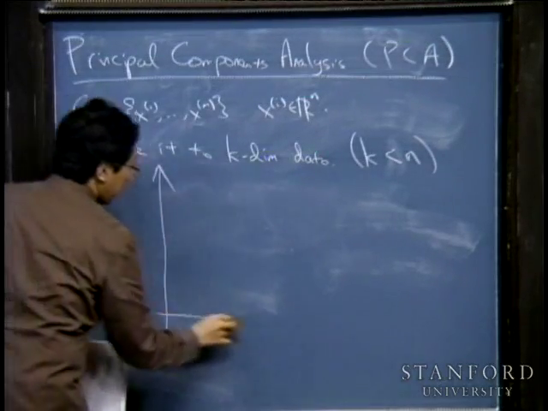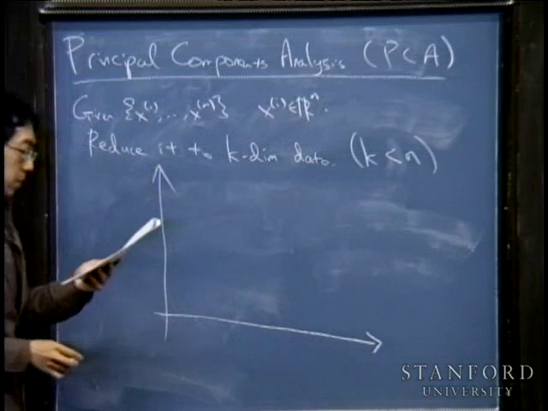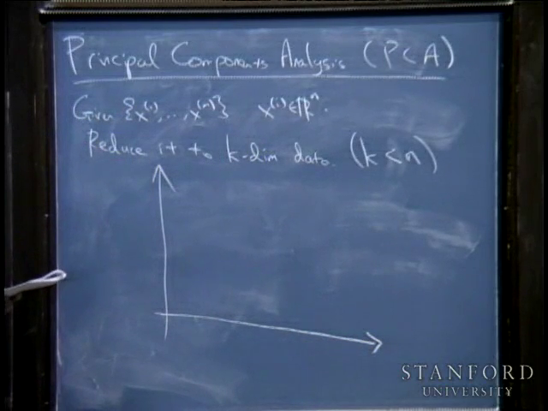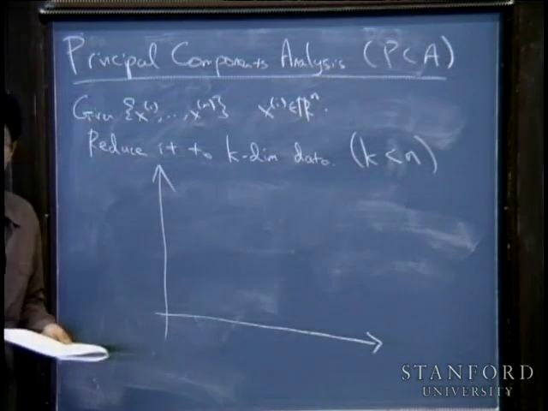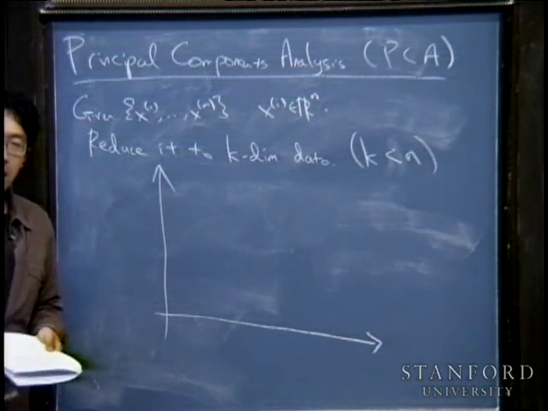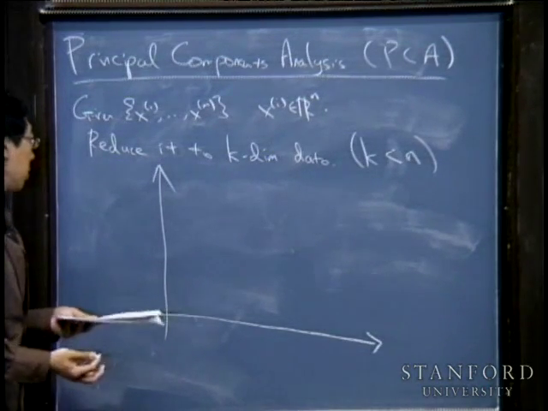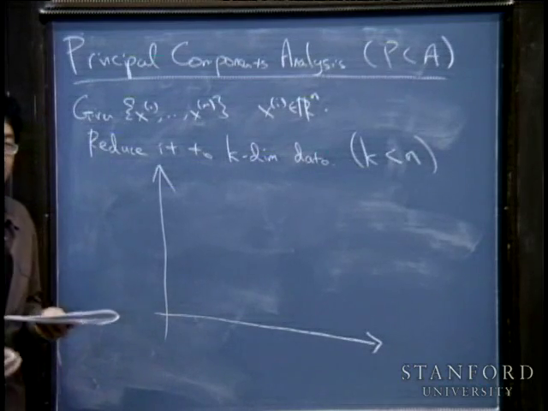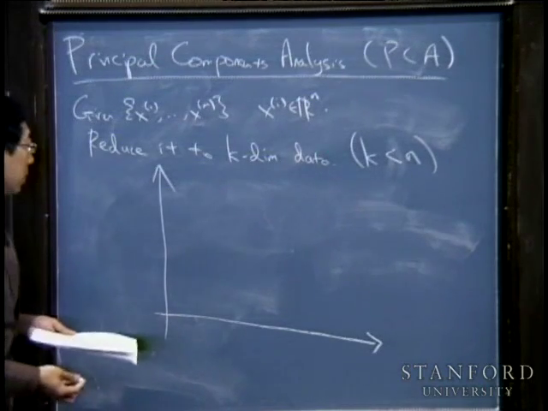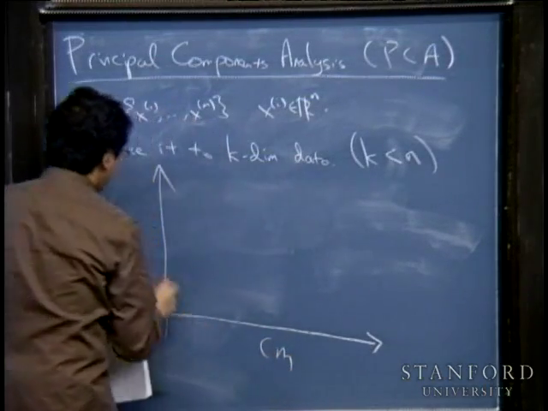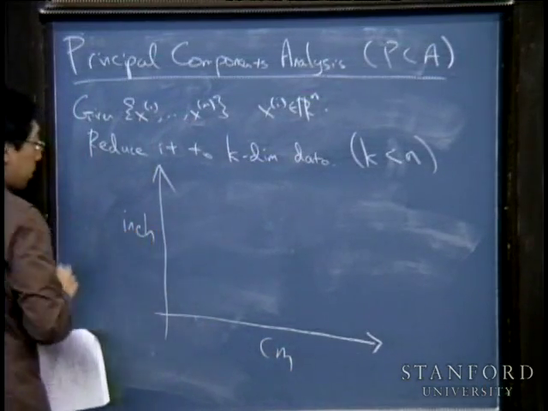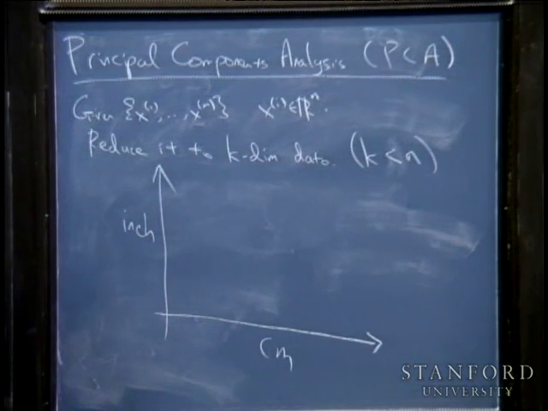I'm going to give a couple examples of why we want to do this. Imagine that you're given a data set that contains measurements of people or something. And unknown to you, whoever collected this data actually included the height of the person in centimeters as well as the height of the person in inches.